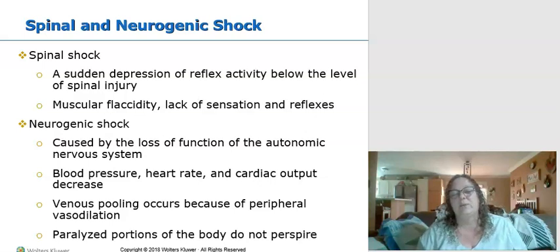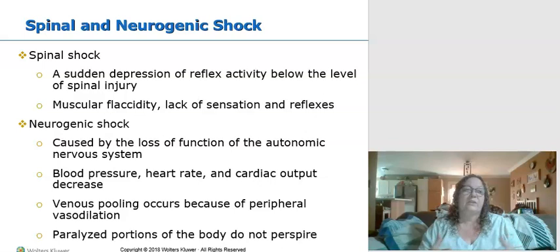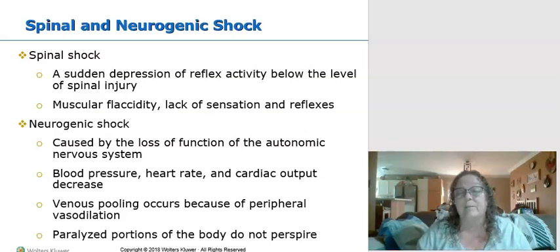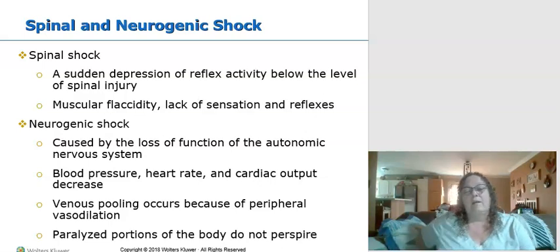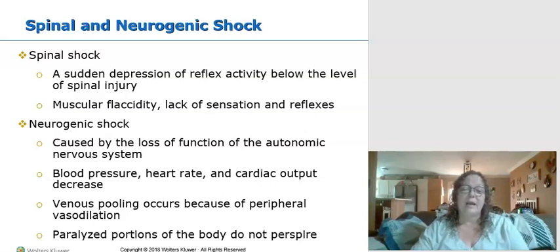You get venous pooling that occurs because of peripheral vasodilation, right? So not all, but a fair amount of your blood is pooling in your periphery. And the paralyzed portion of the body does not perspire. So you may have diaphoresis or some sweating in the non-paralyzed parts, but you will not in the paralyzed parts.